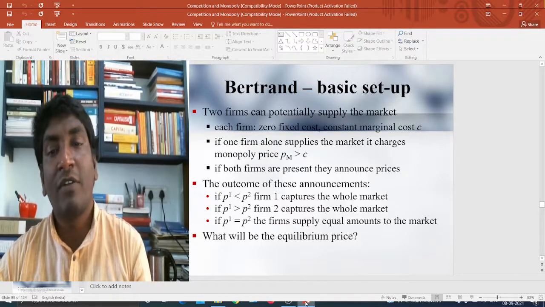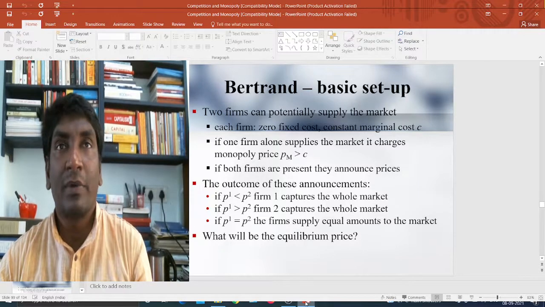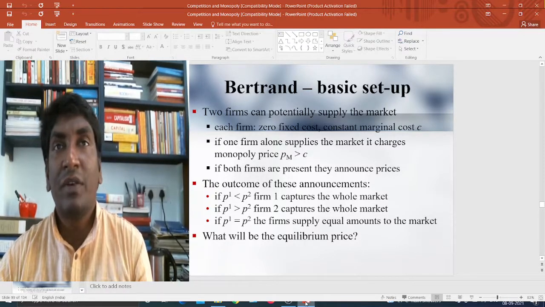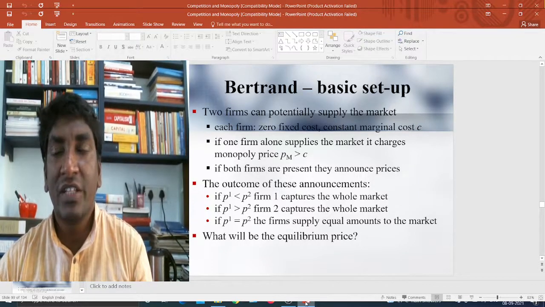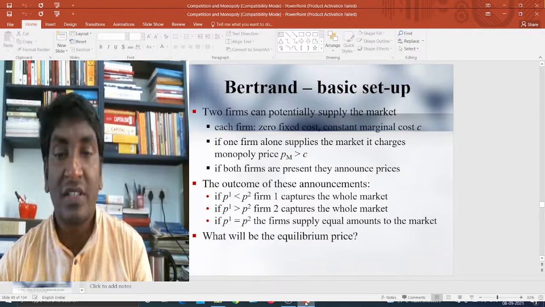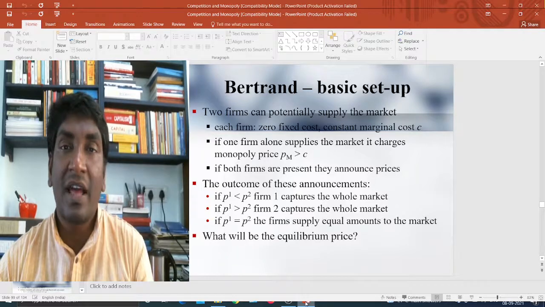Okay, so if one firm alone supplies the market, it charges the monopoly price, that is PM. So even if you have a lower marginal cost or a constant marginal cost, it doesn't matter. What you basically charge is the monopoly price in this context. Monopoly price is generally always greater than the other price.